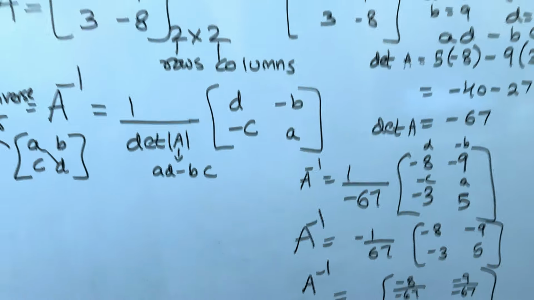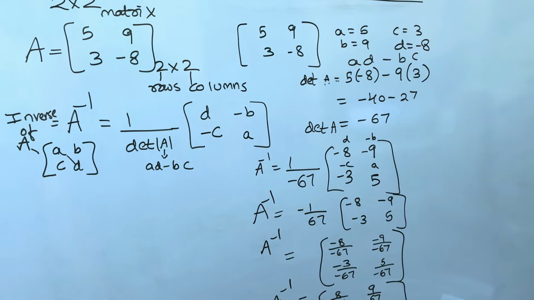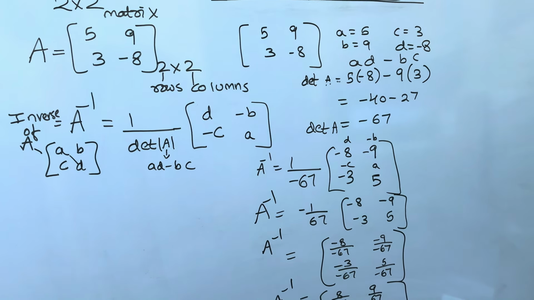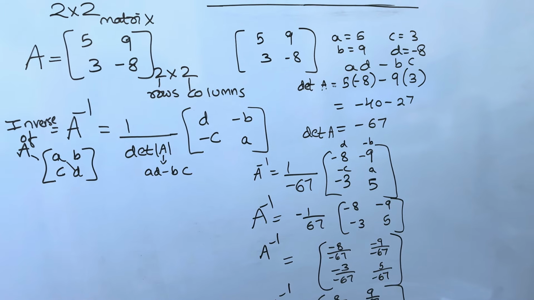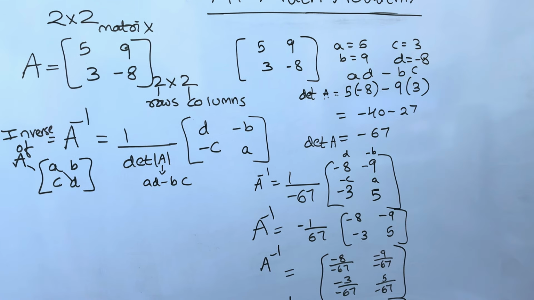So this is how you find it, and this is the total glimpse of the problem. So my given matrix, and I'm comparing it with the standard matrix ABCD and have written the values for A, B, C and D, and the determinant is AD minus BC.